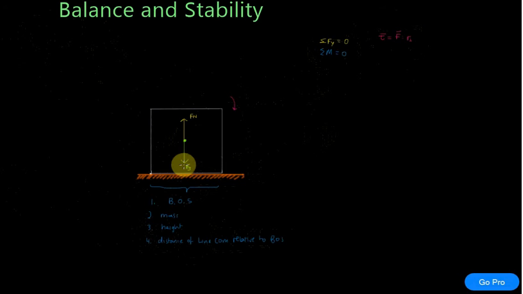Well, if I can just extend this down, then the perpendicular distance is over here, right? That is the distance that the force is acting from this axis of rotation, so that would be your R component. Okay, so I have this force times the distance would create a torque, a torque force in the clockwise direction.